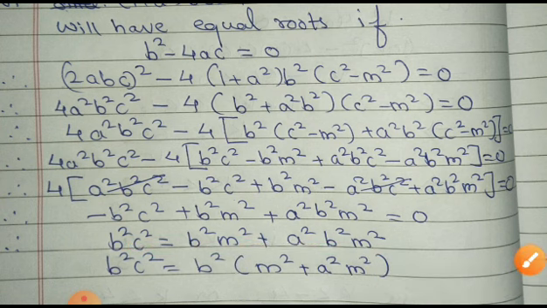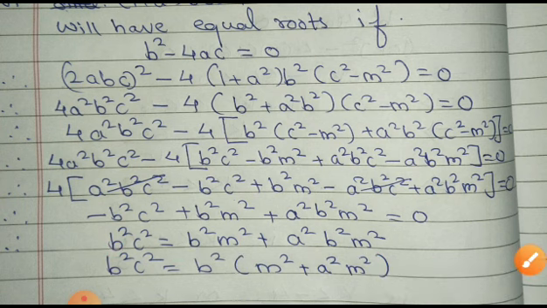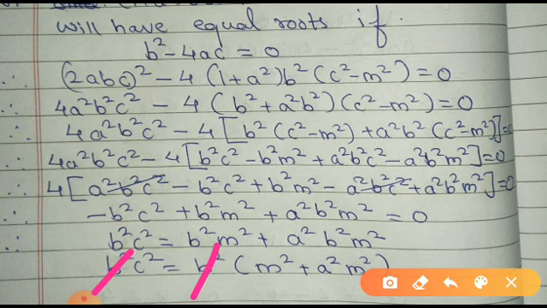Now, we need to find the value of c². Check that here is b², here also b², and here b². Also b²m² itself I can take common. So first I have taken that b² outside, so this b² and this b² get cancelled.